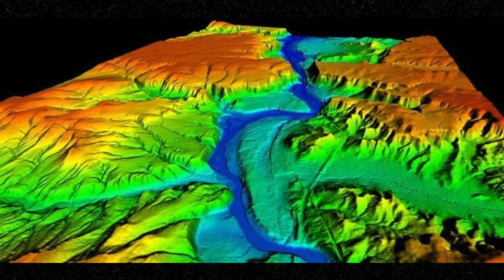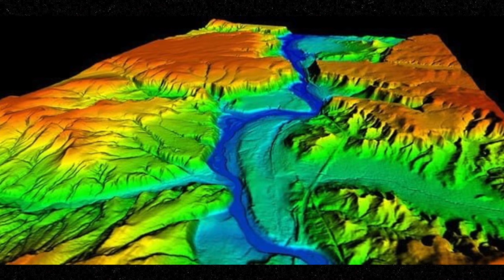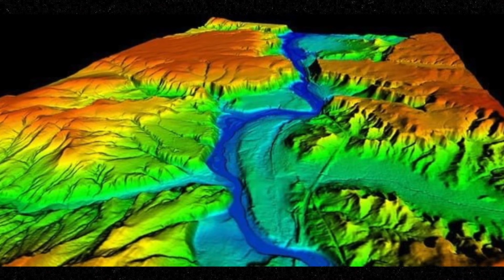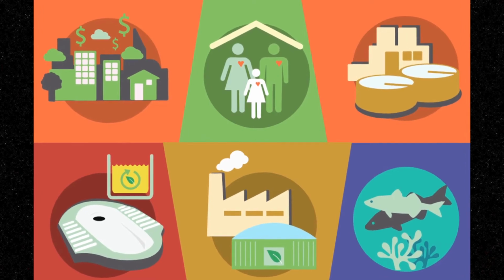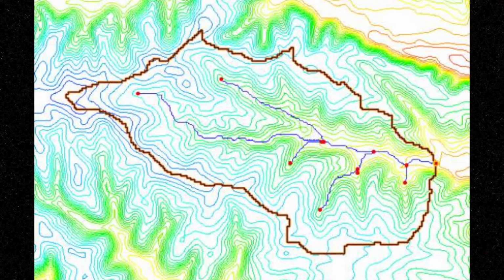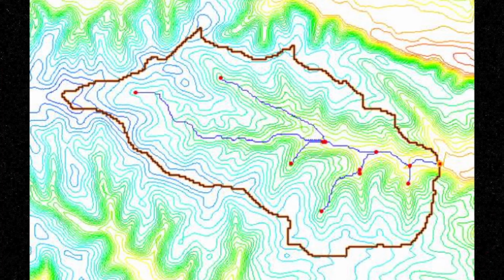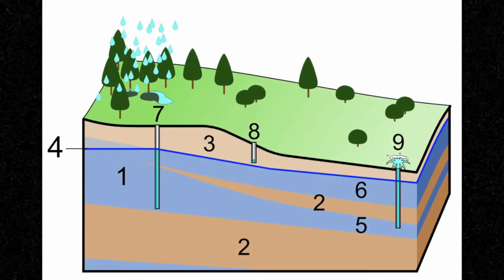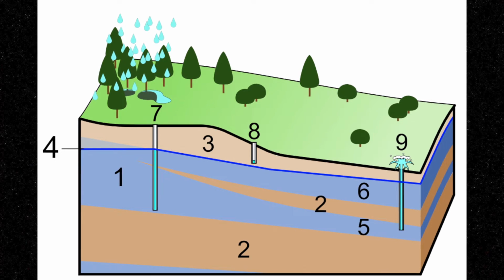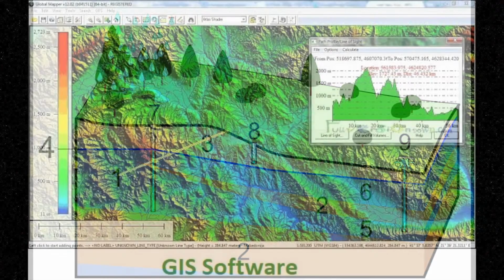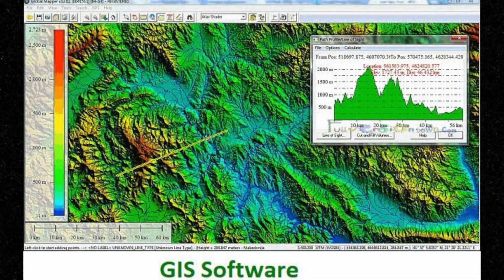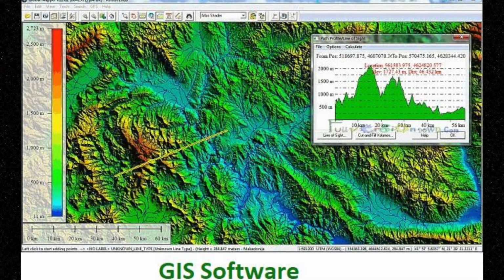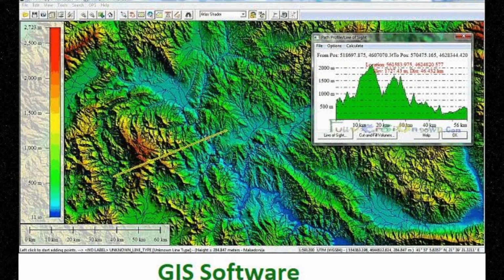High resolution, high accuracy digital elevation models can be a prerequisite for effective water supply and sanitation management, delineating watershed and catchment areas for wells and enabling users to map how water flows through a landscape. Most commercial GIS software packages now have the ability to map watersheds based on an underlying digital elevation model.